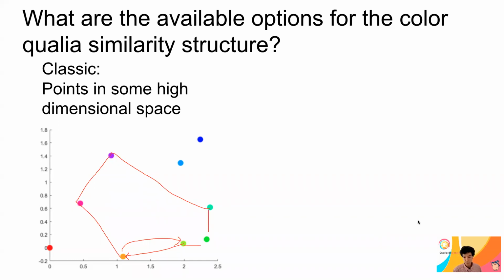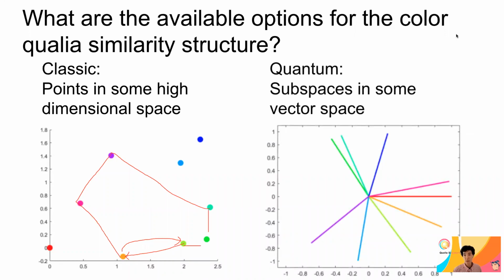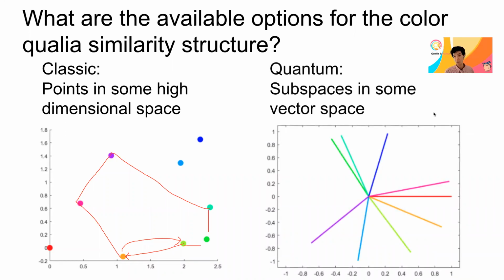The alternative structure that has been proposed is this quantum model. In the case of a quantum model, points are replaced by this thing called subspaces. It's like arrays, in this thing. And then instead of the high-dimensional space, what they think about is some vector space.